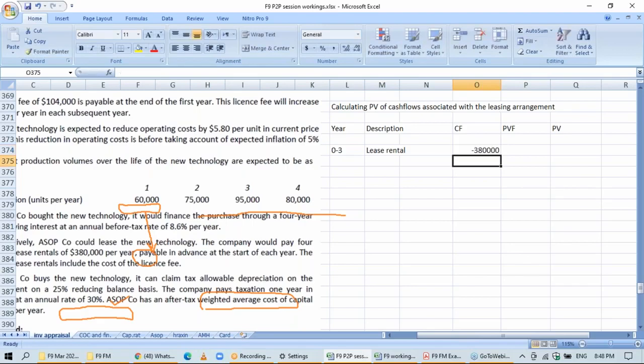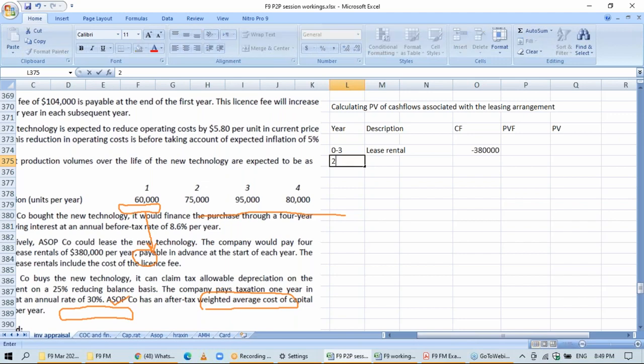Okay, then as per the question, the tax payments occur 1 year in arrears, right? So if you purchase or lease an asset at the beginning of the year, you will be able to deduct the rentals in year 1, and taxable income will decrease in year 1, but the tax saving or the tax payment will occur in year 2.